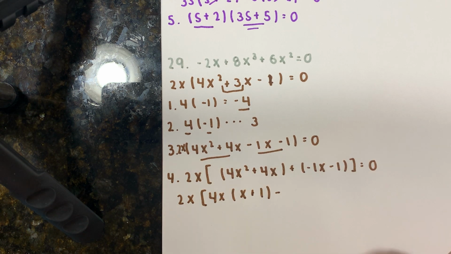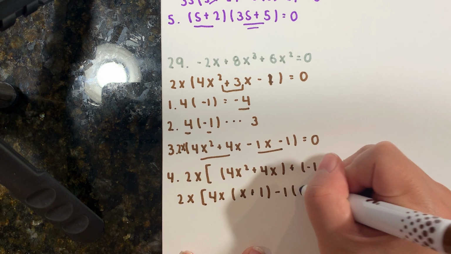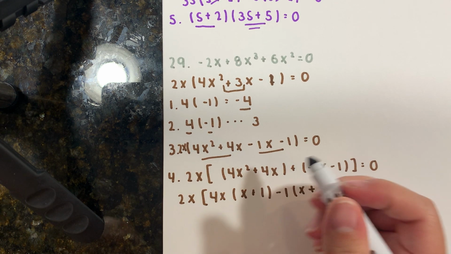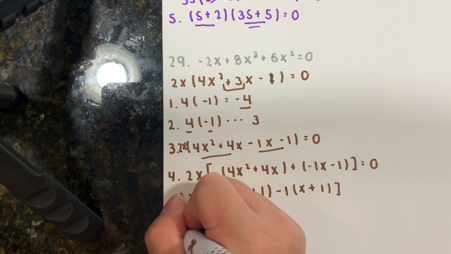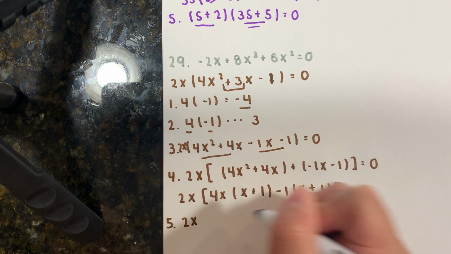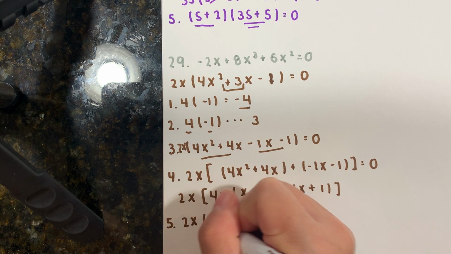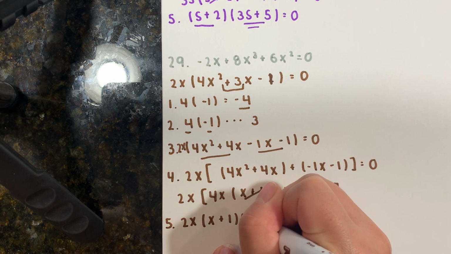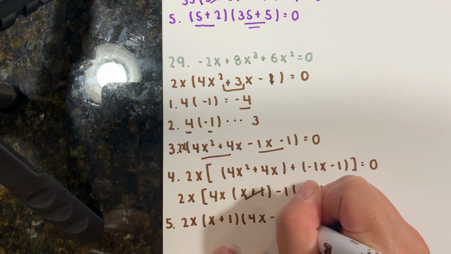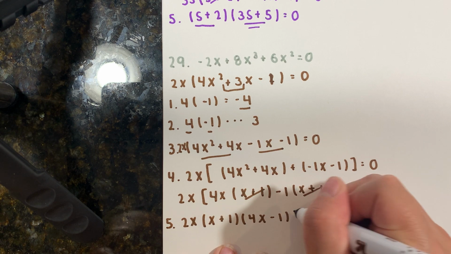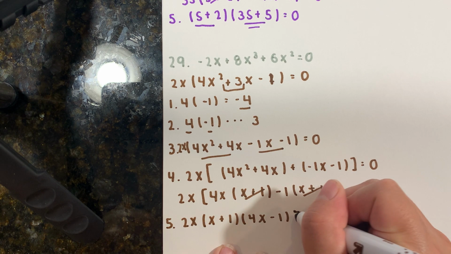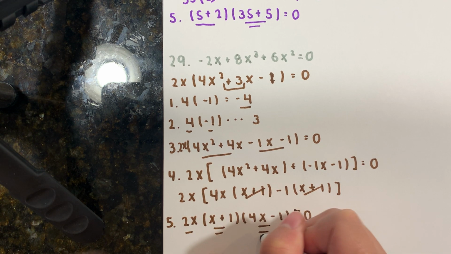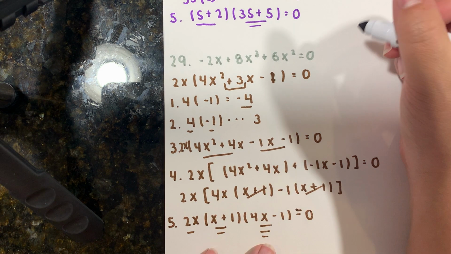Second one, I can factor out a -1, which would leave me with x plus 1. Now for step 5, we have 2x on the outside. My first parenthesis is going to be x plus 1. Second parenthesis is going to be 4x minus 1 equals 0.